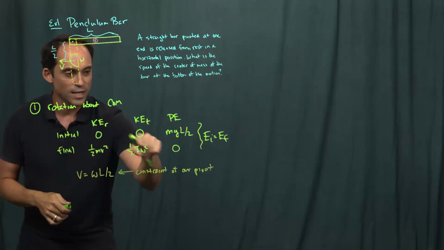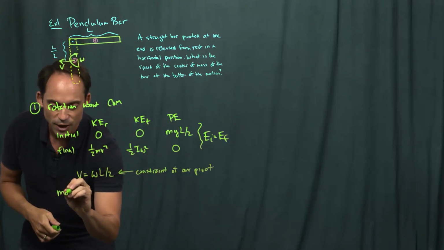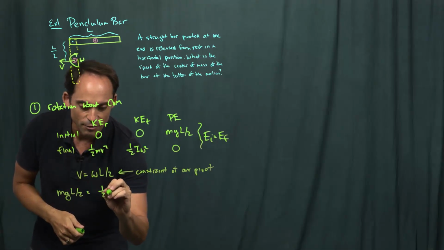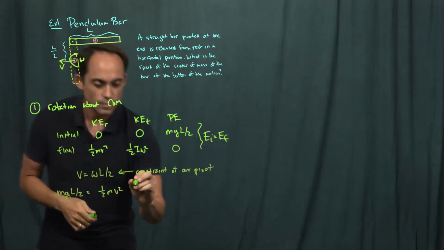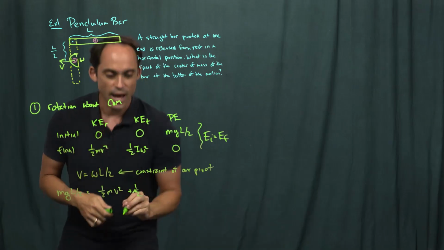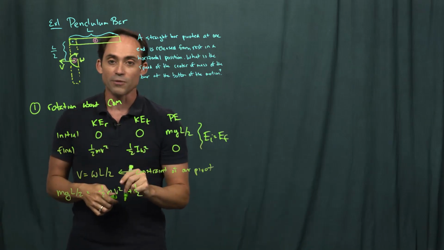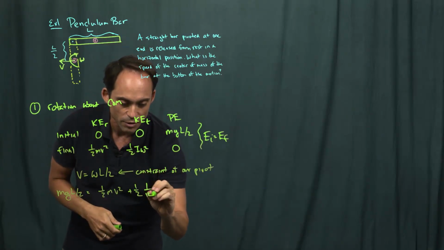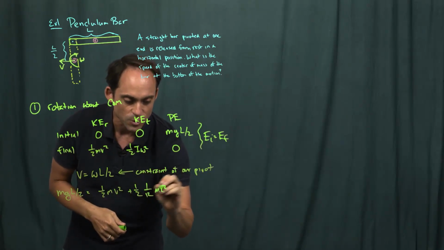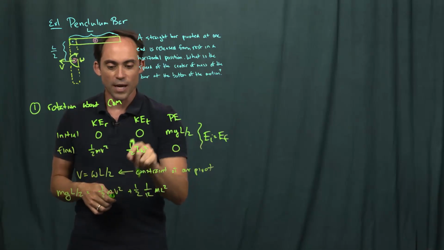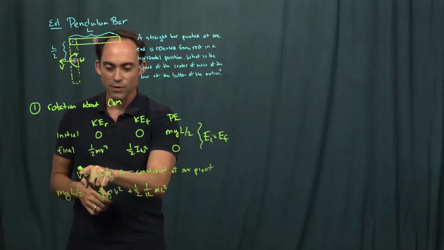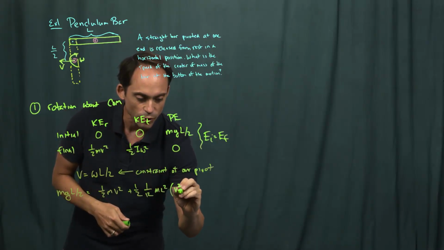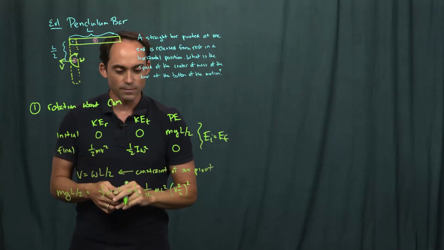And so we can go ahead and write down our energy conservation: mgL/2 is equal to 1/2 mv squared plus 1/2, and I'm going to explicitly put in the moment of inertia of the bar about its center of mass. That's 1/12 times m times L squared times omega squared, but omega is just v times 2 over L. So (2v/L) quantity squared.